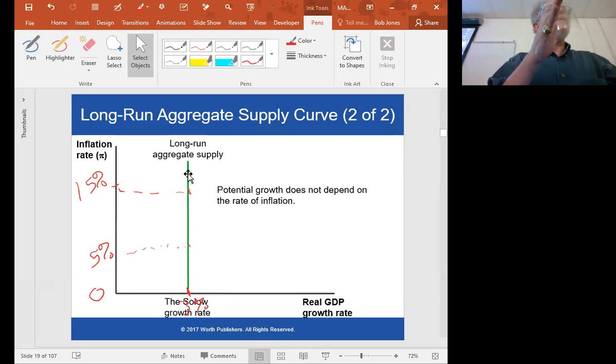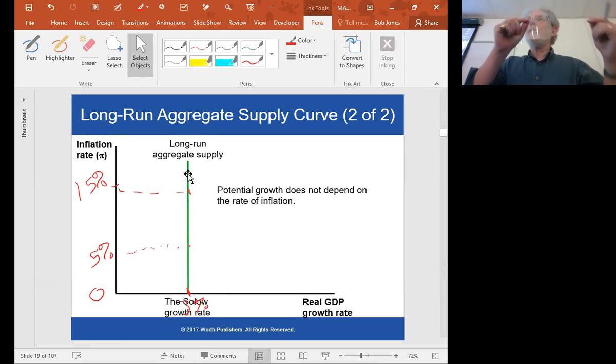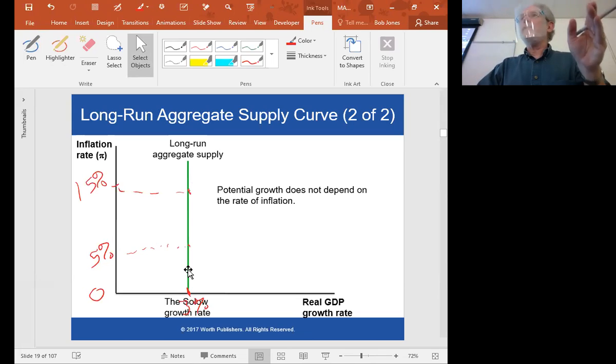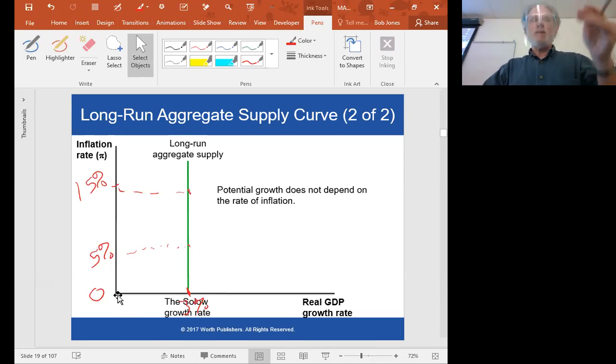We just want to know, once that adjustment has occurred, where are we going to be? And the long run conclusion is pretty simple: the inflation rate, the price level, has no effect on the rate at which output will grow if we are thinking in long run terms.